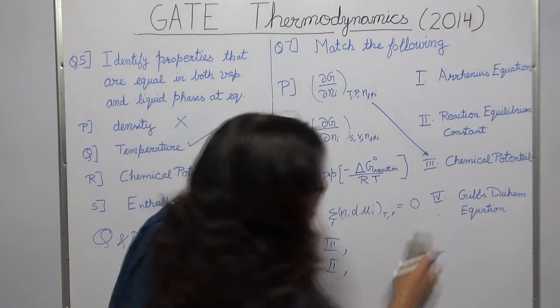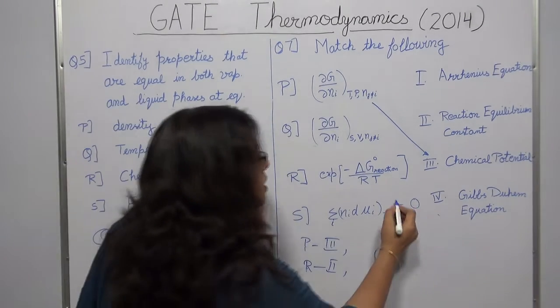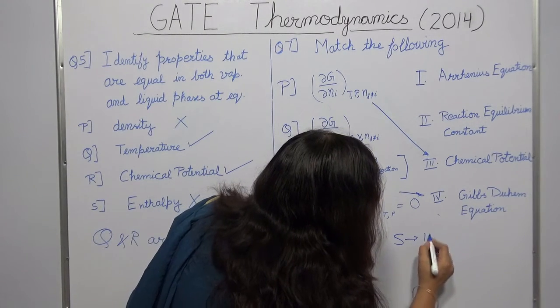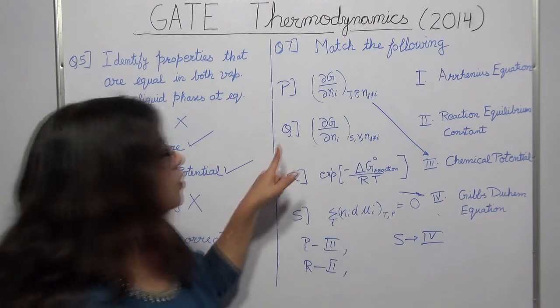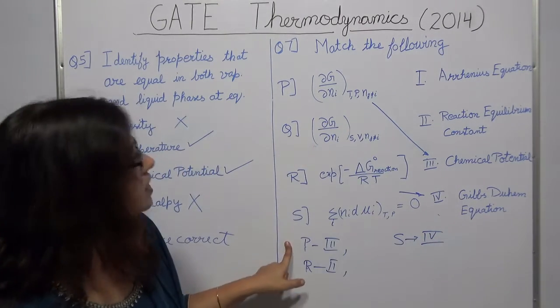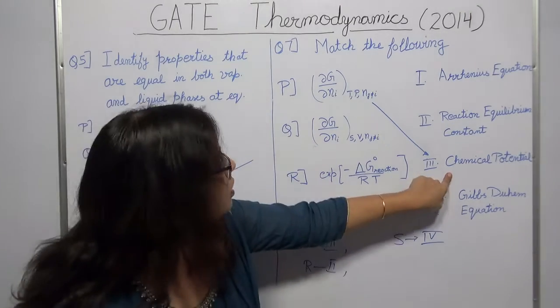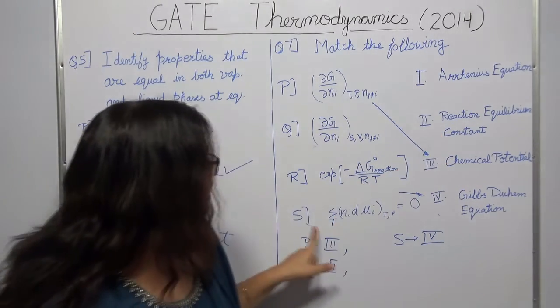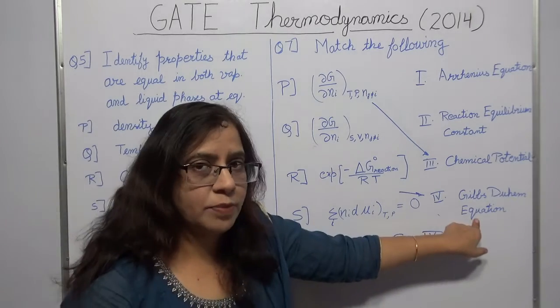You know that this is nothing but your Gibbs-Duhem equation. We have already seen it. So your S matches with 4. Your Q does not match with any of these, but your P matches with chemical potential, R matches with reaction equilibrium constant, and S matches with the Gibbs-Duhem equation.